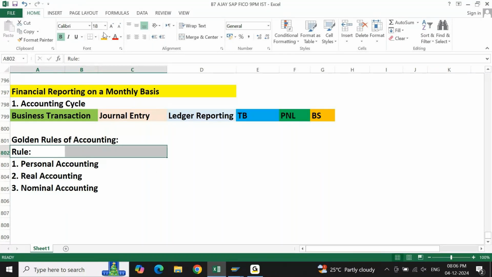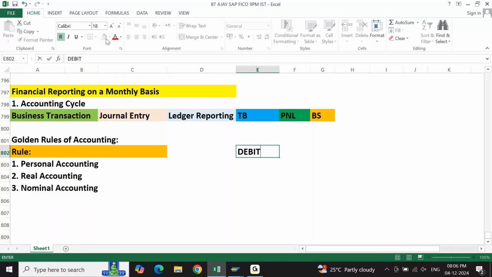Once we put the rule here, next point, every rule contains debit and credit. Right? In every rule there is a debit, in every rule there is a credit. Am I correct? Yes, sir. According to personal account, what will be debited?